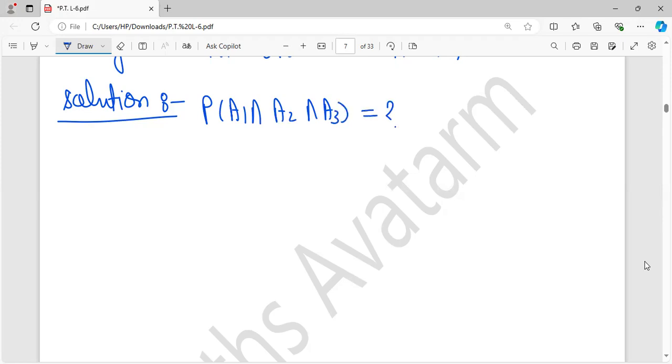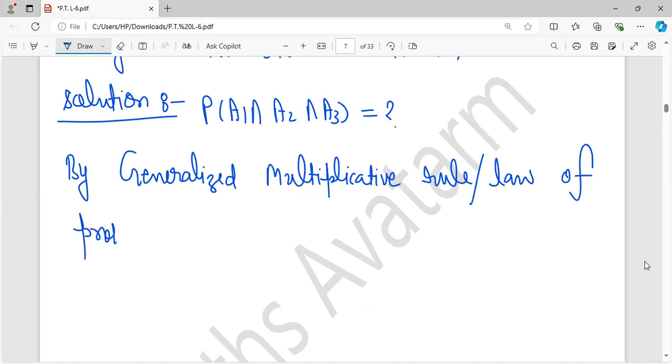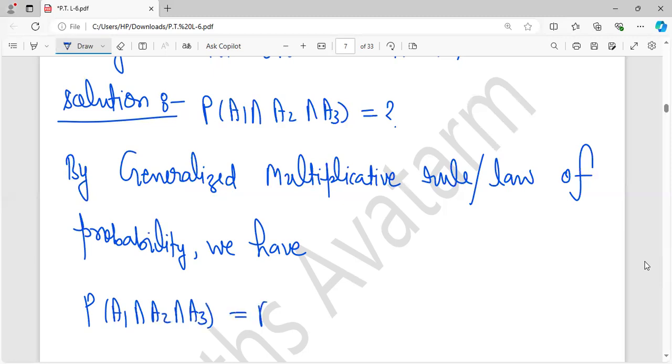So by generalized multiplicative rule or law of probability, we have P(A1 intersection A2 intersection A3) equal to P(A1) P(A2 relative to A1) P(A3 relative to A2 intersection A1).